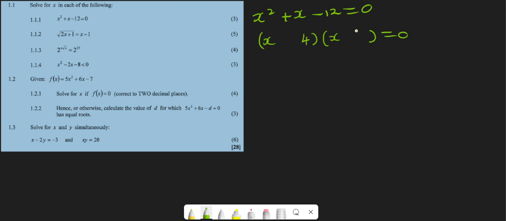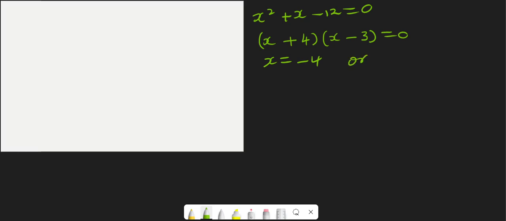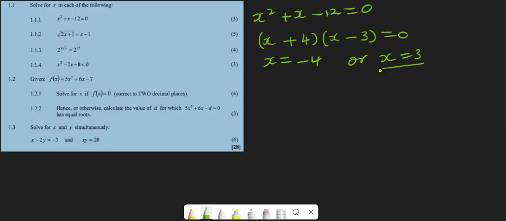It is supposed to be 4 and 3, but since the middle term has a coefficient of positive 1, the bigger value is supposed to be positive and the smaller value negative. So our x is going to be equal to negative 4, or our x is equal to 3.